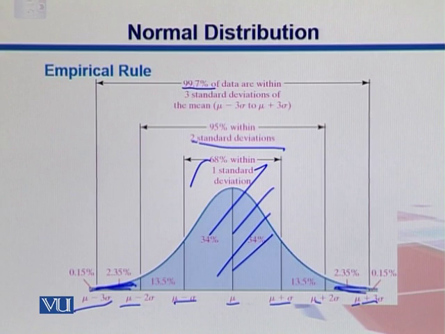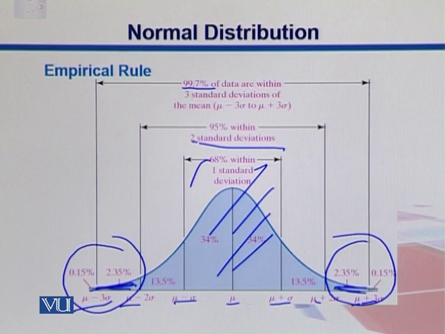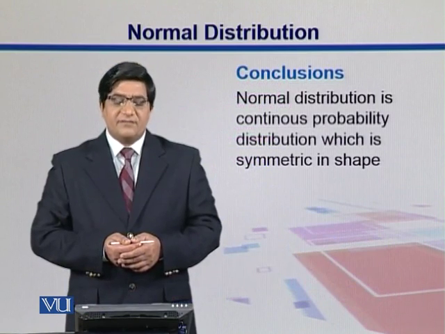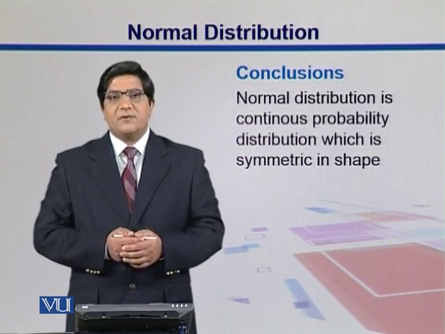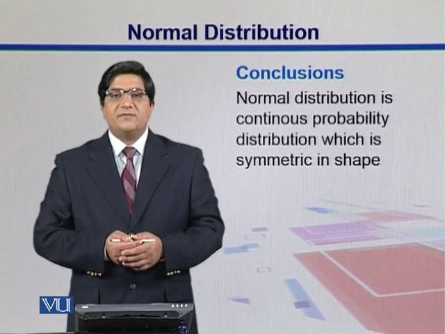This is the upper 2.5%, and this is the lower 2.5%. These are the extreme values. When we talk about statistical tests, we'll talk about these extreme numbers and these tails of the distributions. So in this section, we have seen that the normal distribution is a continuous probability distribution, which is symmetric in shape.